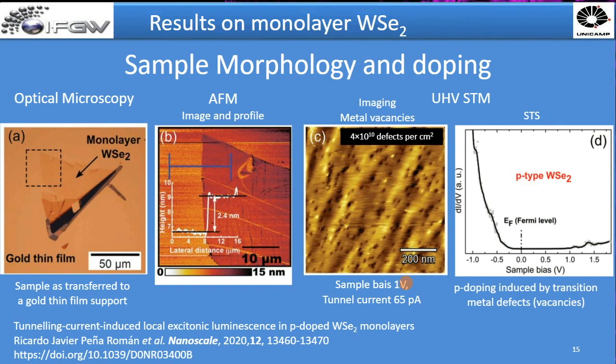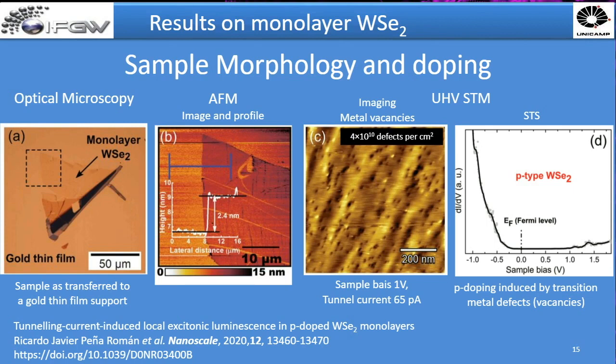And by performing STS, we saw that the Fermi level is indeed very close to the valence band, which is again a signature of p-doping. So we see that the electronic properties and the morphological properties are closely related, so we can understand one with the other. And this also explains a little bit why this sample in bulk form is even a p-doped semiconductor.